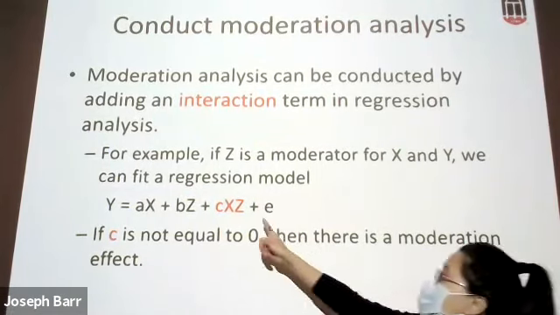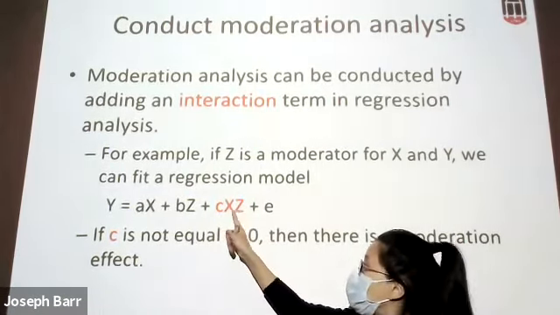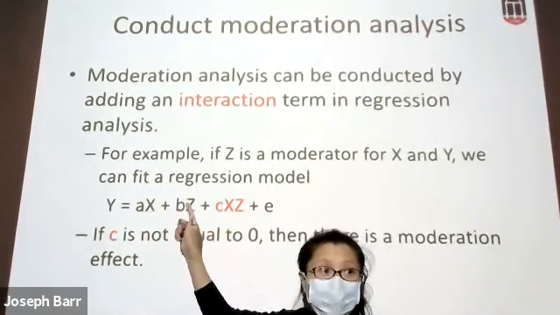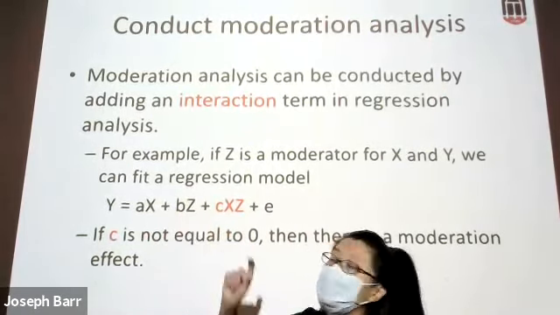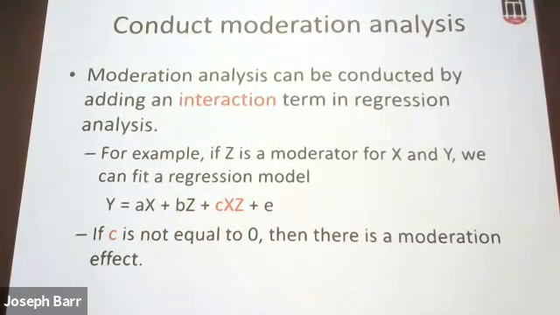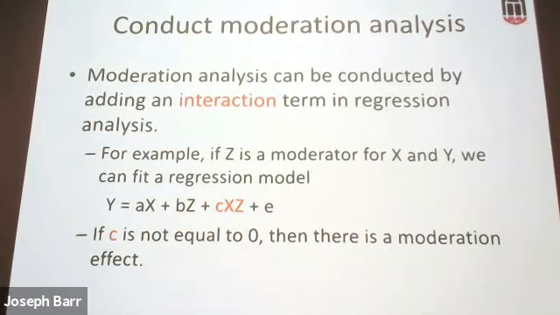Because if it is significant, we change the inference of X on Y because of the Z value. If C is not 0, then there's a moderation effect. So we're going to check whether C is significantly different from 0 or not.